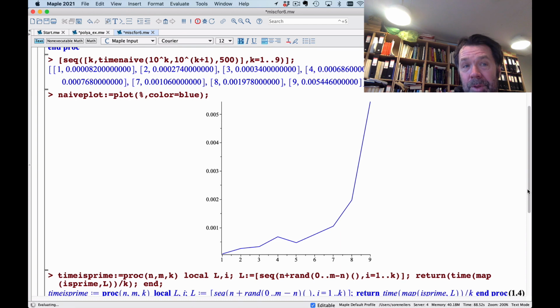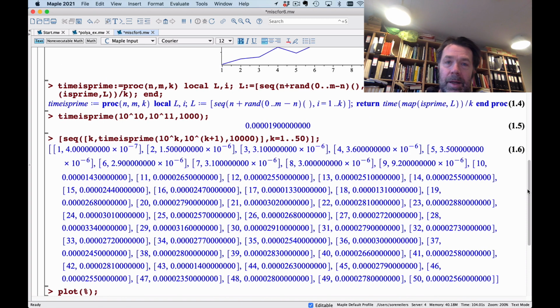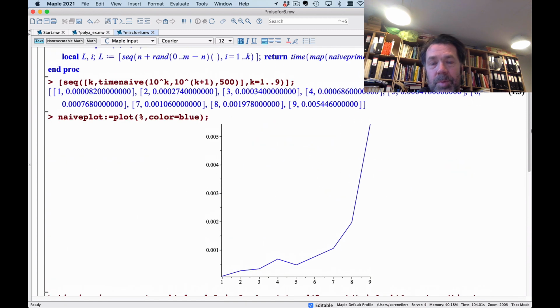So the input in my algorithm is k, but I'm using k to take 10 to the k, and that essentially decides the number of digits in the numbers that I'm asking for are primes or not. So the input is growing exponentially, so of course it's not so surprising that the computing time is also exponential, and actually we're having the square root help us here in this computation.